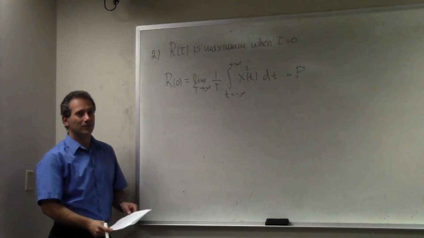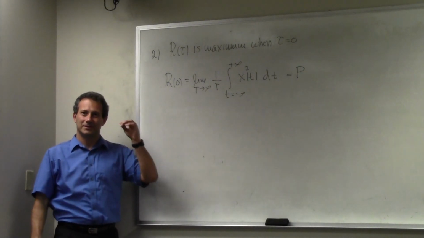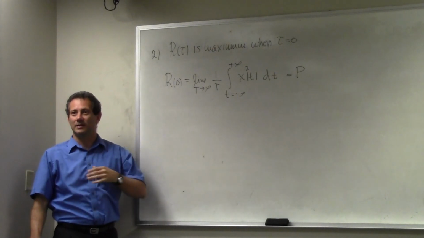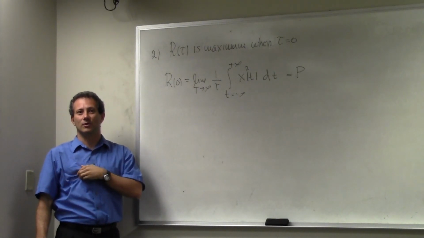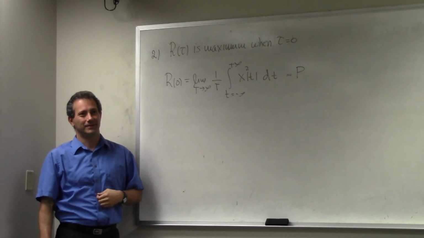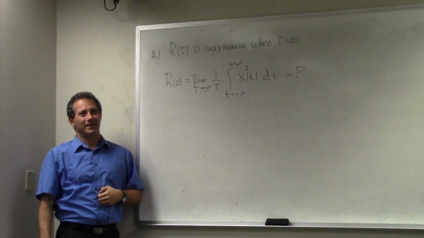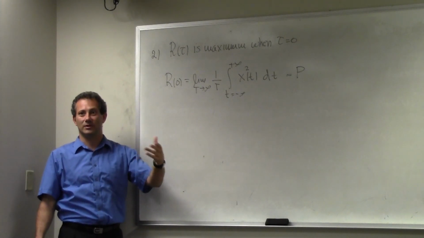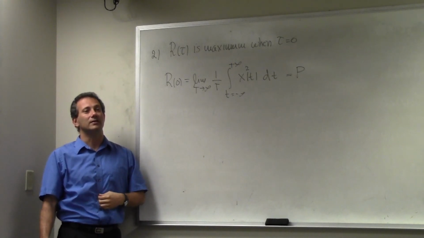One of my favorite questions for those master comprehensive exams, I give a really complicated formula for autocorrelation function, and I ask, what is the power of the signal? And a lot of times I get the correct answer. You just substitute 0 and it's one value, right? There's hardly anything to do.